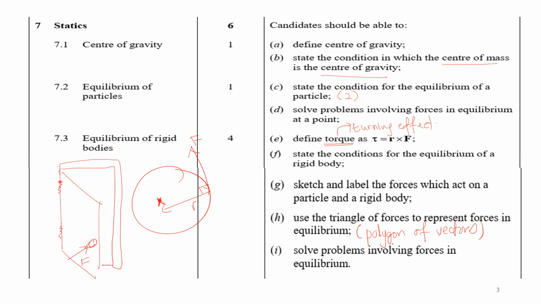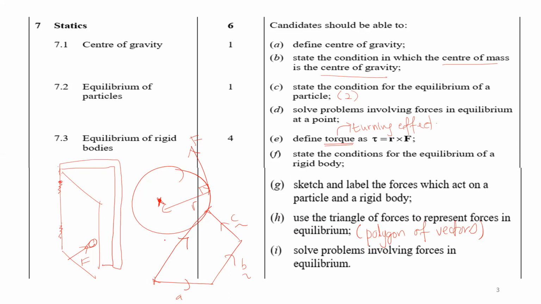When you say polygon of vectors, it means you have more than two components of forces. Because if you have two components, it will lead to a triangle. But if you have more than two, like 3 or 4, it will give you a polygon. Like you have vector A followed by vector B followed by vector C, then the resultant will be from A to C here.